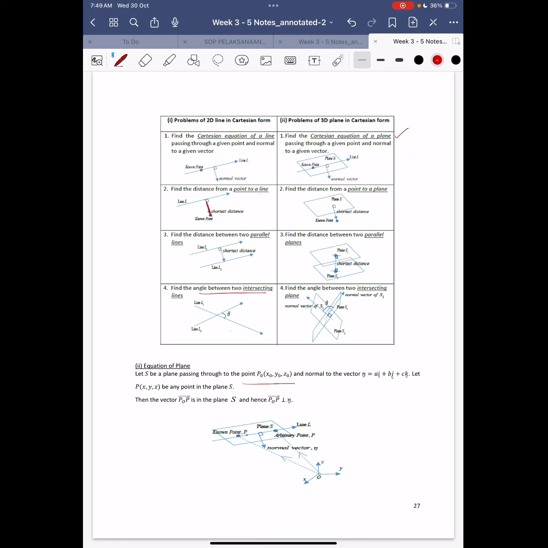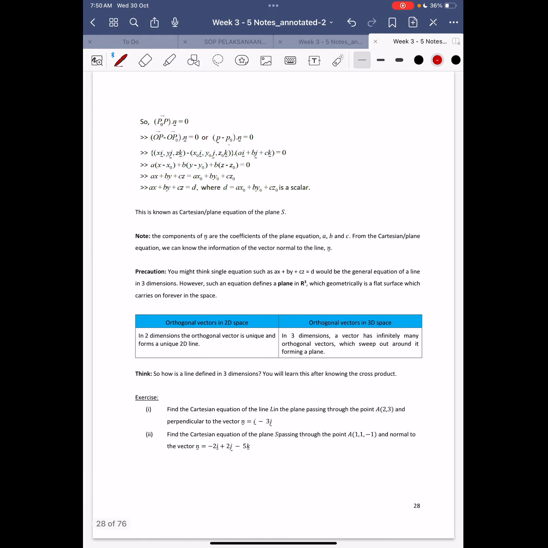So let P be a point in that plane S, meaning that it's 3D now, and the vector P0P in the plane is given as this, and this is perpendicular to the vector N. Okay, and if we do the dot product of that plane vector with the normal vector, which is perpendicular to that plane, you will get it equivalent to 0.